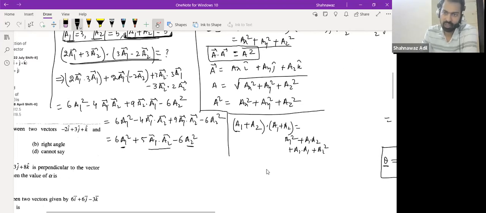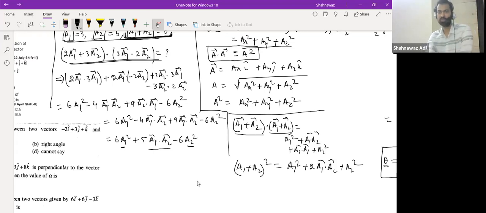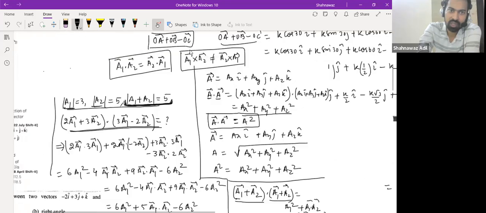So this would be a1 square plus 2 a1 dot a2 and plus a2 square. And we already saw that what is same multiplied by same, so this is a1 plus a2 whole square, right? So this we know, which is 5 square, and this is how much? This is a1 square. A1 is 3, right?